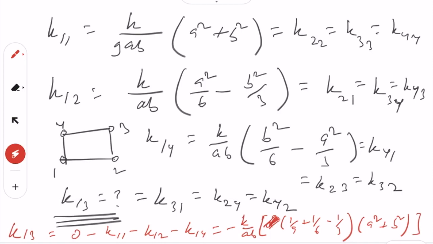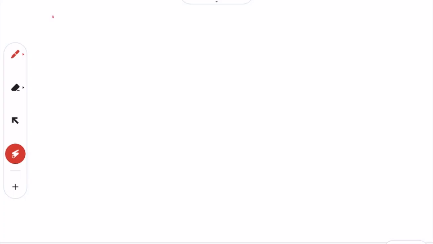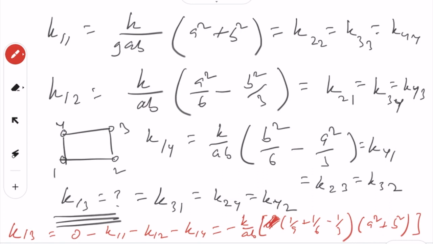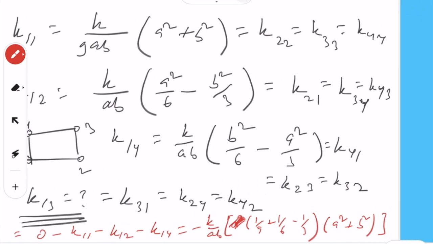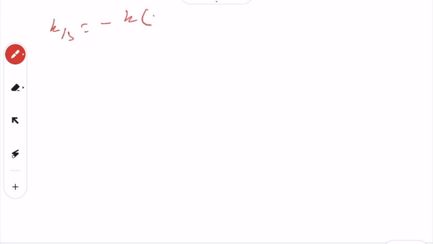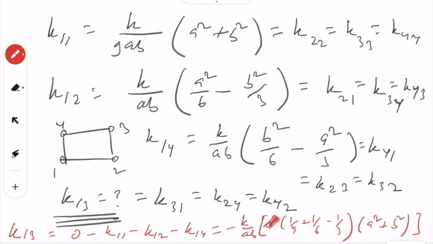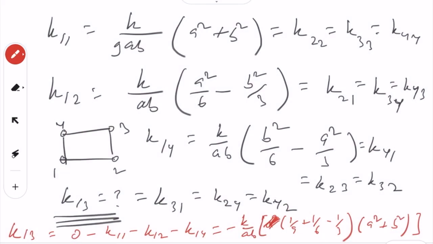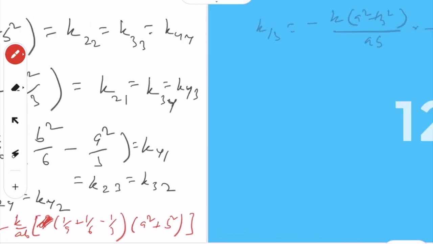So let's write here next. So we have K13 is equal to minus K over AB, so minus K multiplied by A square plus B square over AB, then 1 over 9 plus 1 over 6 minus 1 over 3. So let's call it not 24 but 18, sorry, we have to get 18.